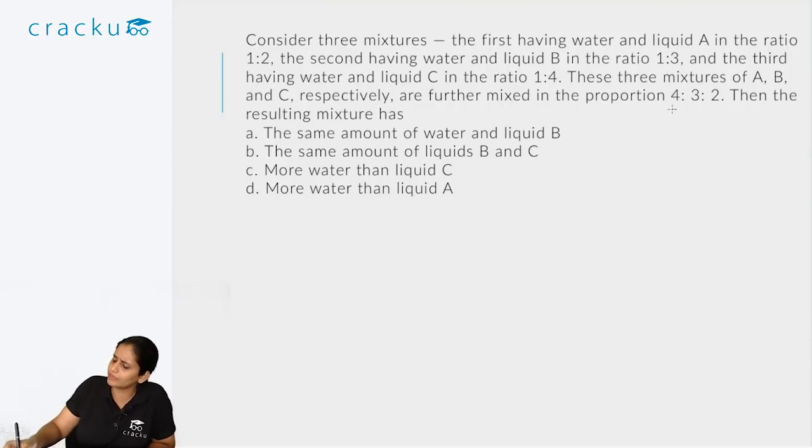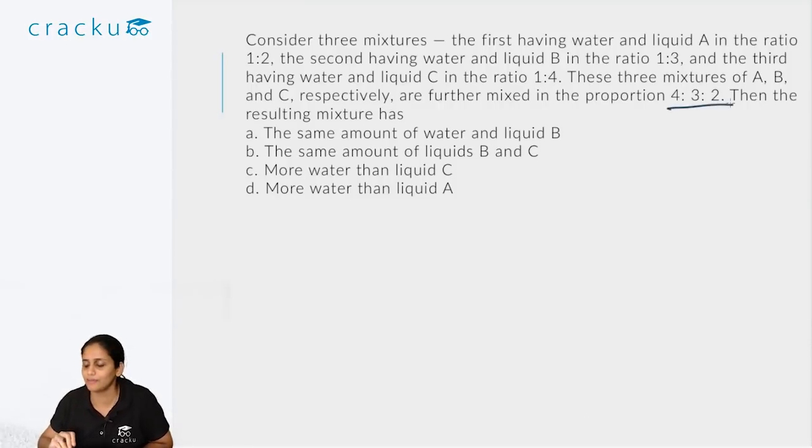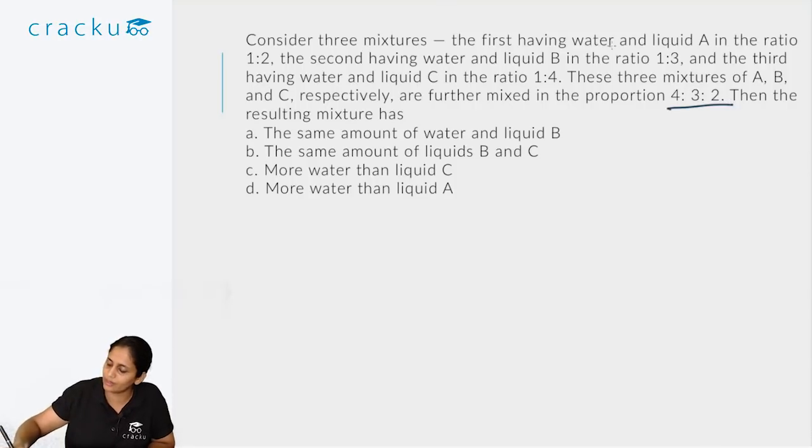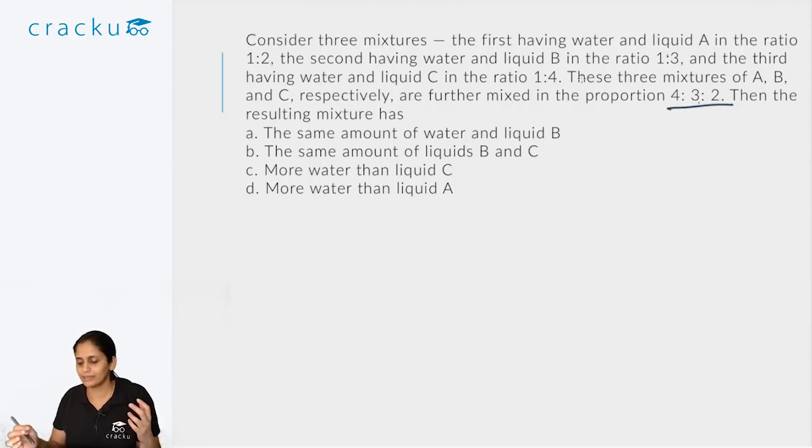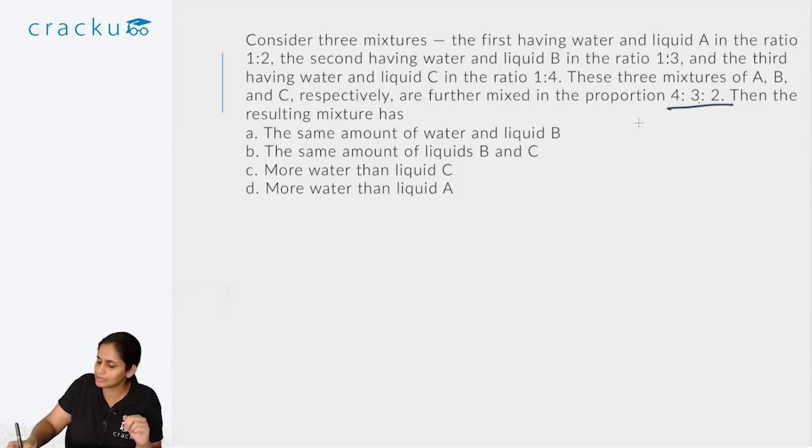So we have been given a ratio in which these have been mixed, and these in turn are split up as 1:2 for the first, 1:3 for the second, and 1:4 for the third. The way we can do this easily is that we multiply each of these by a factor, let's say the factor is k.